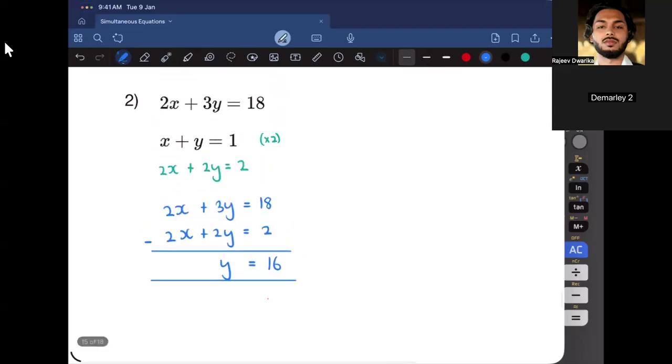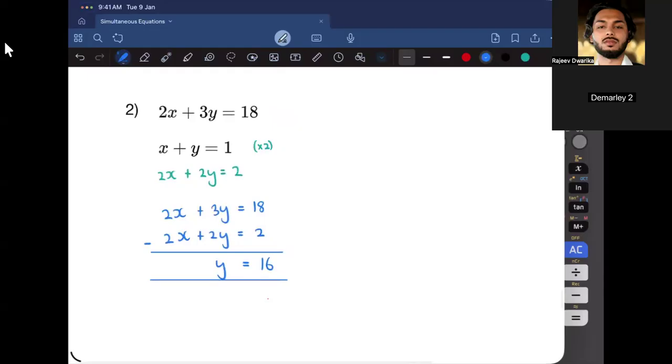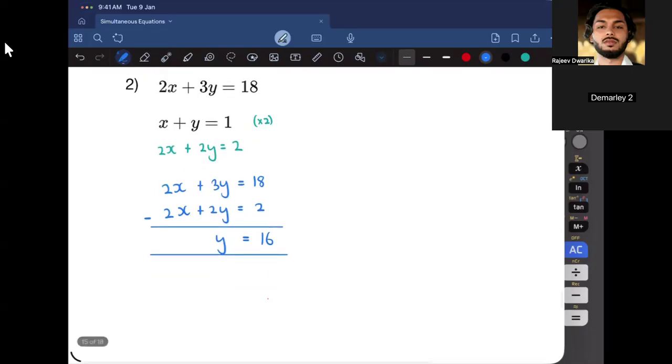Which equation could I use to find x? Which one is making it simpler? The x plus y, sorry. Right. So x plus y is equal to 1. And so y is equal to 16. So I'm going to say x plus 16 is equal to 1. And so if I want to find x, I'm going to move across 16. Right?